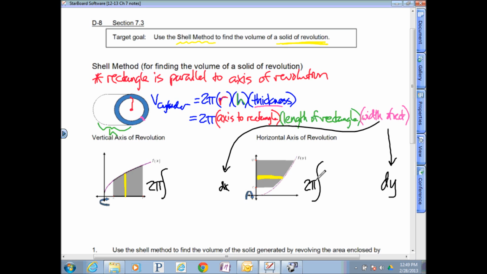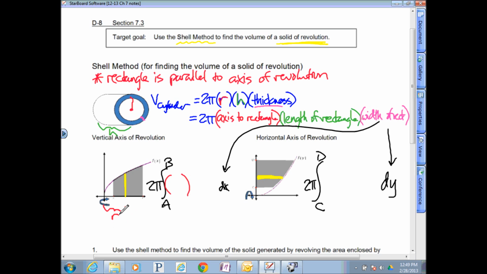We're going to integrate from our lower x value to our upper x value, or our lower y value to our upper y value, depending on the variable we're using. And we're then going to multiply it by a radius. And what's the radius going to be on this cylinder? This would be my radius.